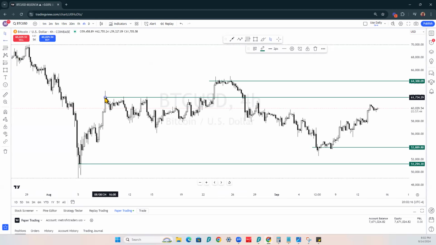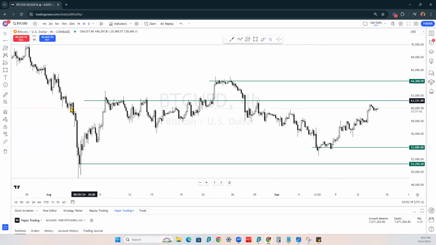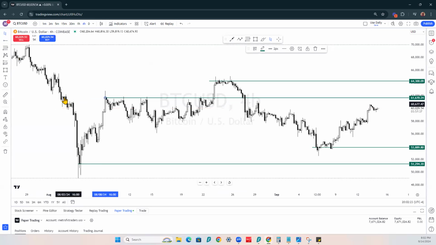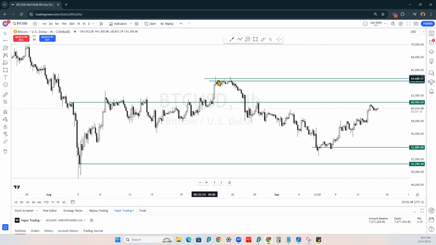If you look at right here, this area broke this area right here, right? So that area broke this area right here, which caused there to be a change in the trend. Now it's an uptrend, as you can see. It did consolidate right here, but never went below this green line. So it's an uptrend. As you can see, it did break higher highs. So now this high is now over here.